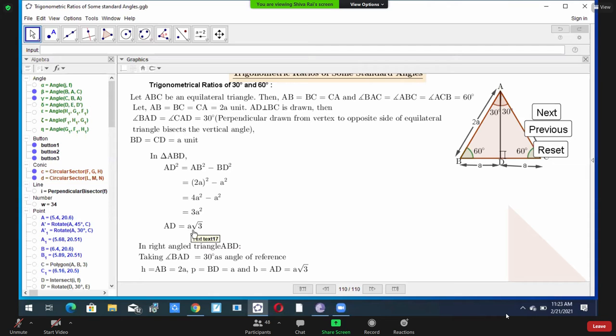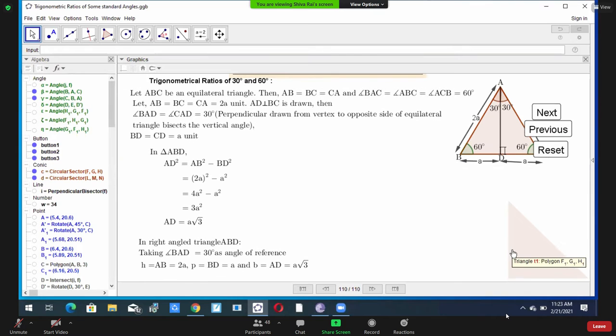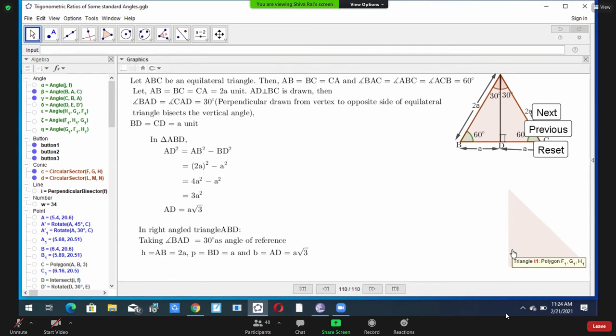Find all 6 trigonometric ratios. Because P, B, H all we got, now we can find out the trigonometric ratios.